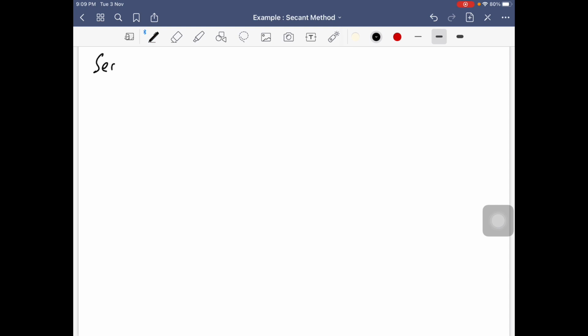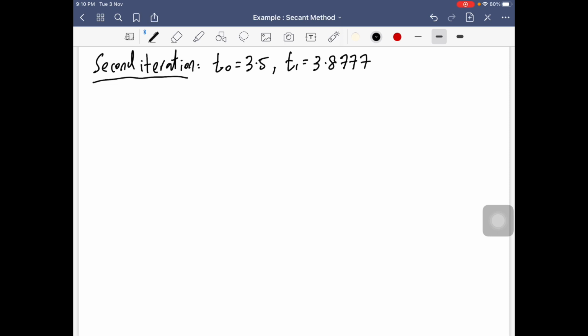For the second iteration, we will use the information from t0, which is 3.5, and t1 that we calculated previously, 3.8777. f(t0) we already obtained in our first iteration, so I just write the value here. And then calculate your f(t1).